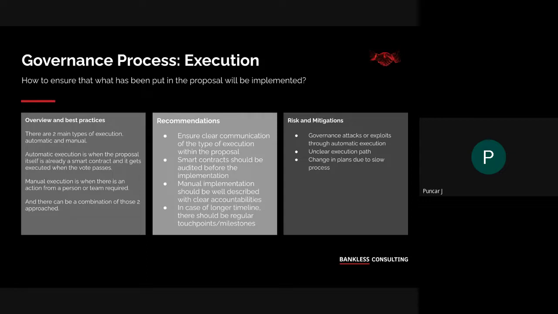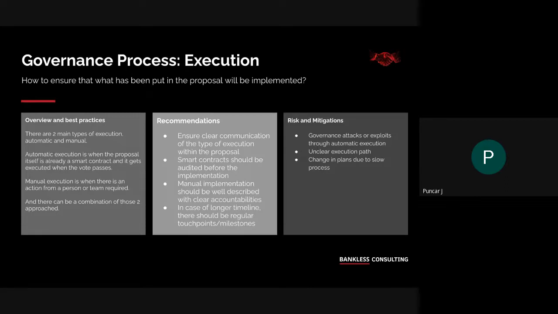Meaning if I'm asking for funds from the treasury for the budget, the funds get automatically distributed to the multisig which has been in the proposal, or if there is some onboarding of new assets, the smart contract gets automatically executed. There doesn't need to be any action, and right after the vote, everything is happening automatically.